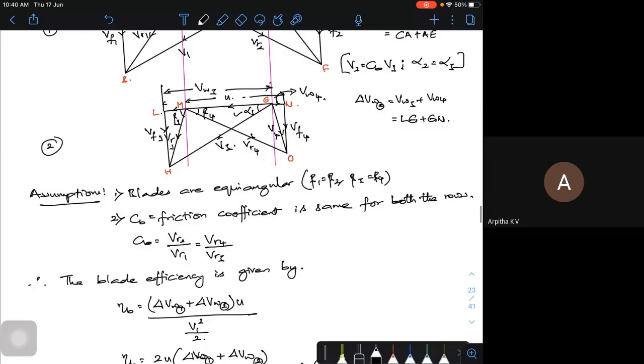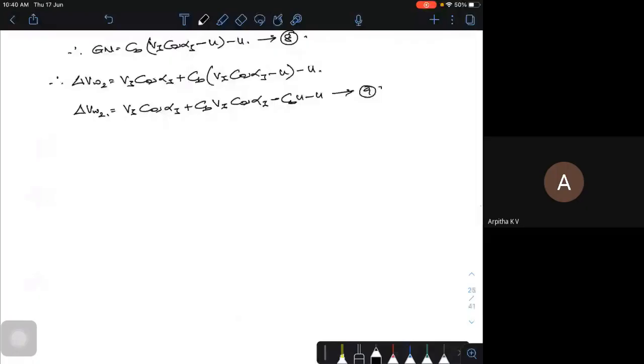Therefore, your delta VW2 is equal to V3 cos alpha 1 plus CB into V3 cos alpha 1 minus CB into U minus U. Let me call this equation number 9 rather than that one.